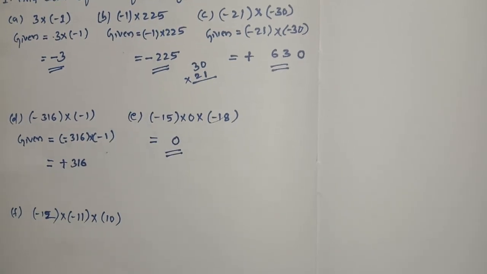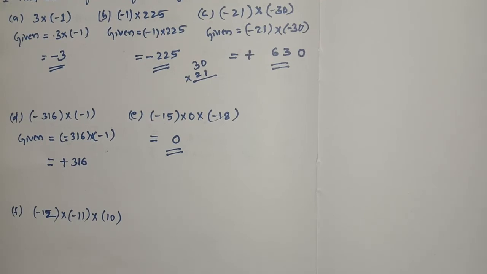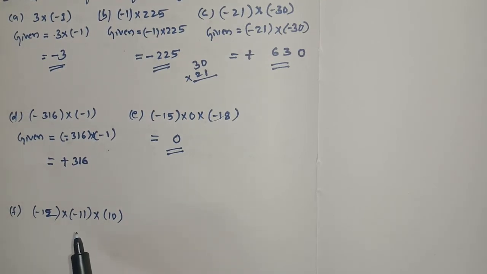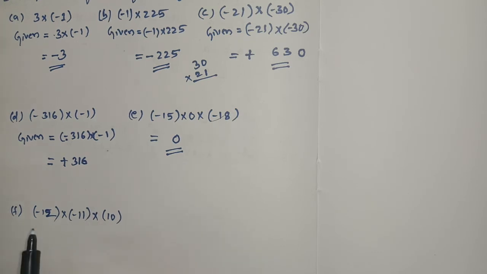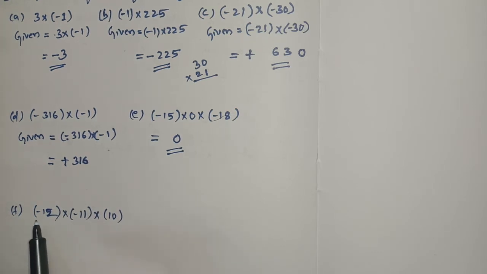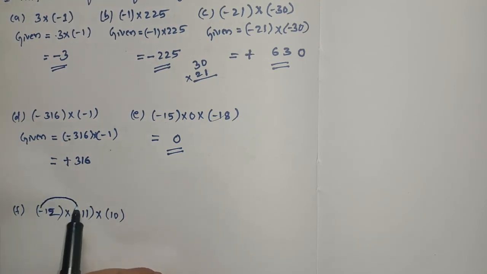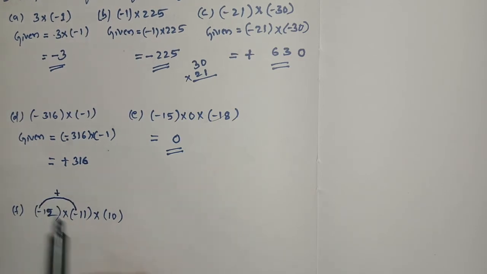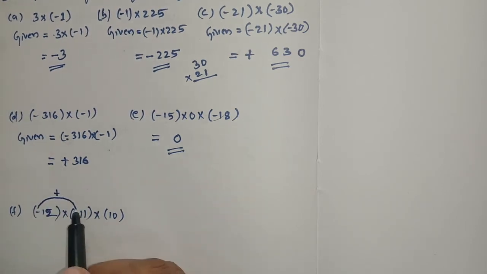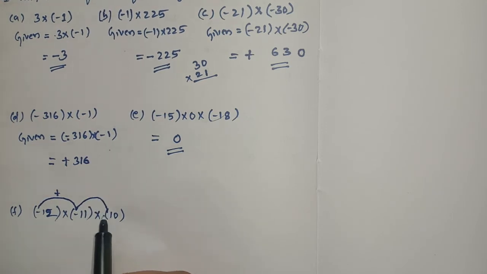Now last question, students. Here we have 3 signs. The sign of 2 integers is negative and the sign of the third integer is positive. Minus into minus is plus, then plus into plus, the plus sign is here before 10.